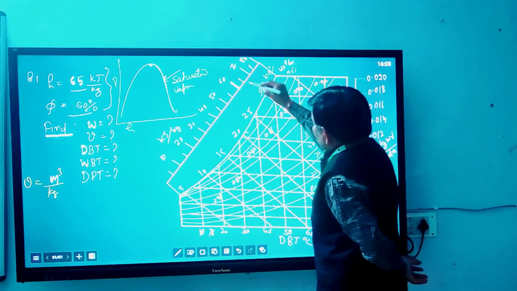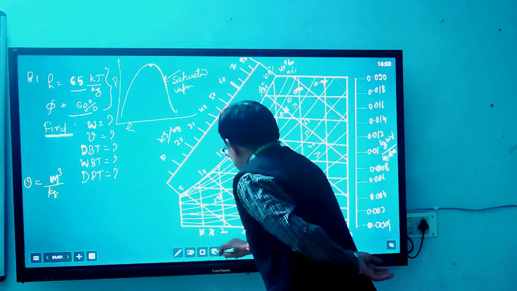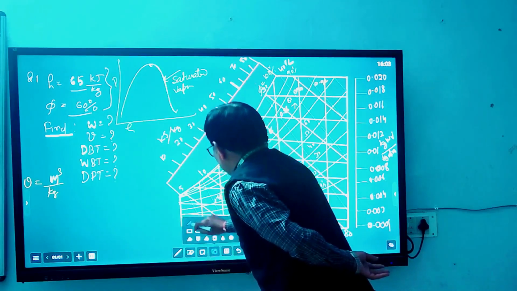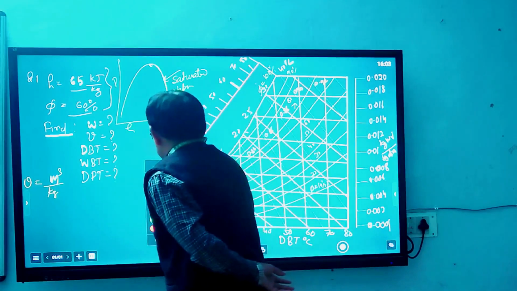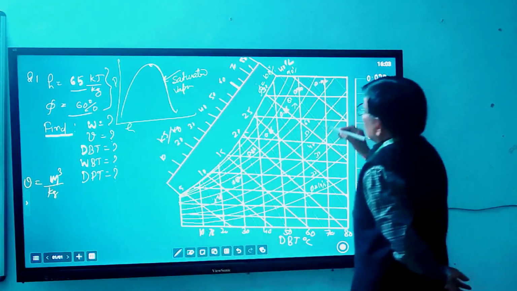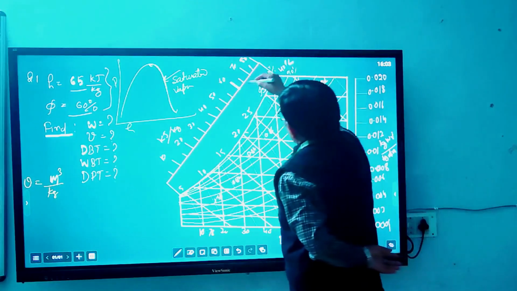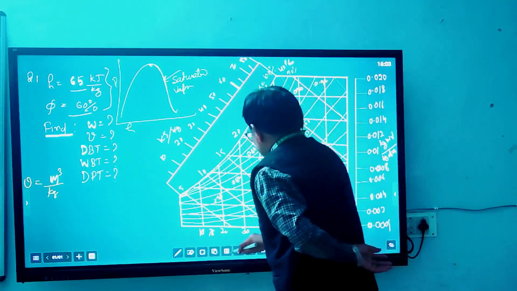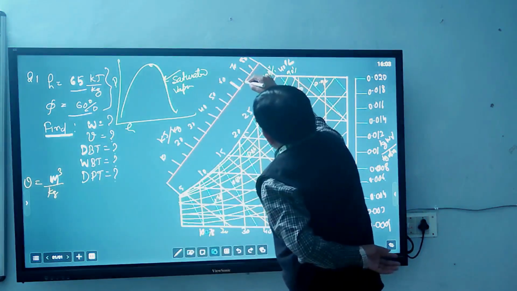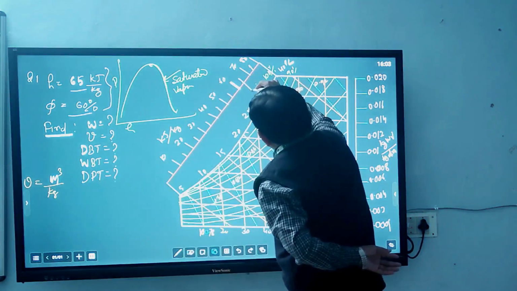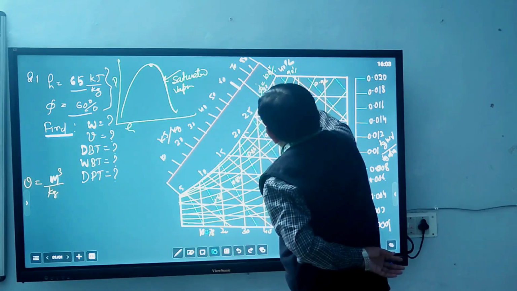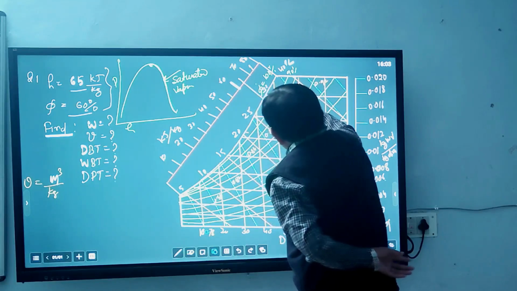So let us take a straight line so that we can draw a straight line. We can take another color. This color I am choosing for drawing the straight line. So from 65, let us take white color. From 65 we draw a parallel line, parallel to the wet bulb temperature line. Up to 60% of the phi, you draw here.